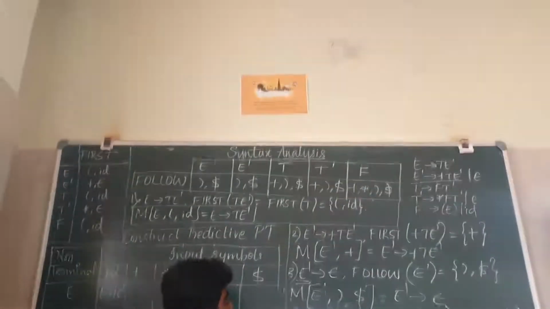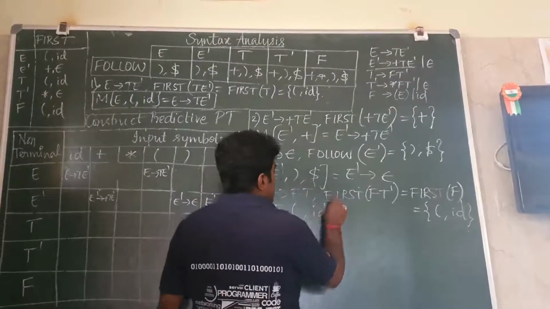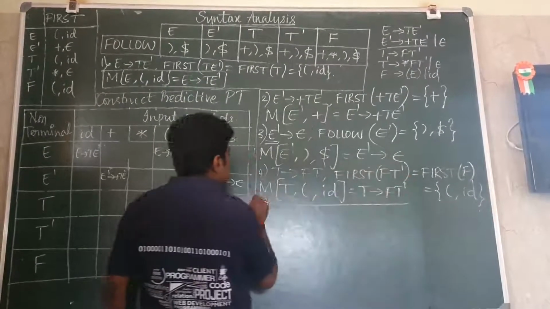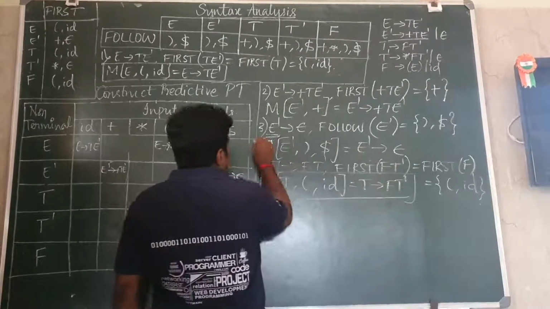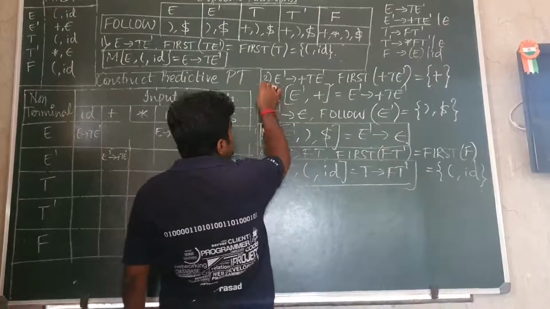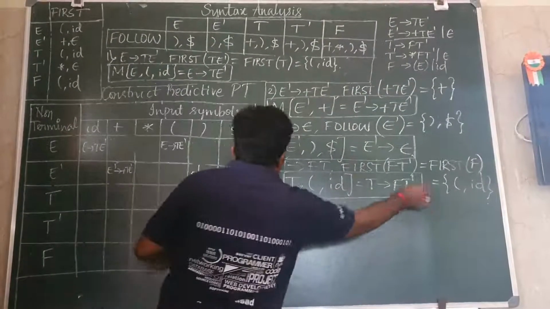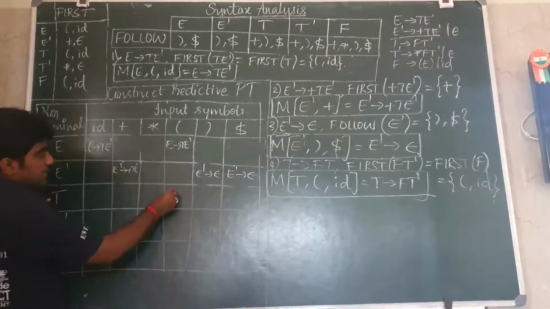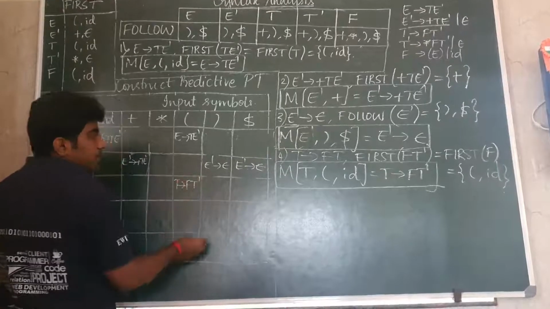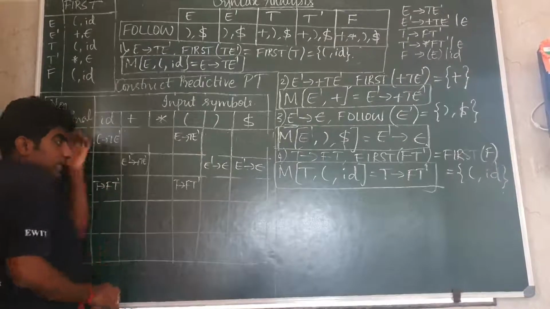In parsing table M, from non-terminal T on opening bracket and ID, you have to include the production T tends to FT dash. Got it? So include T on opening bracket, T tends to FT dash, and for ID, T tends to FT dash. Right?